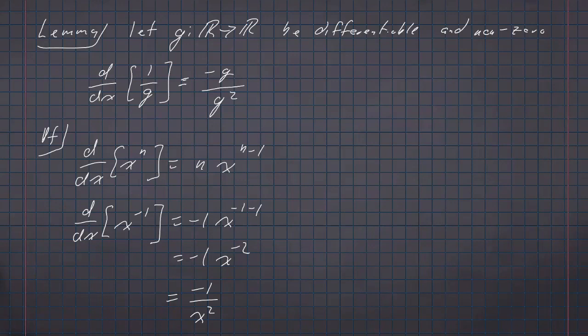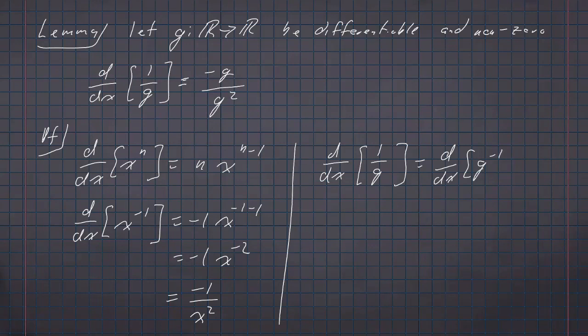Now from here, the derivative of 1 over g is the derivative of g to the negative 1 power using properties of exponents.